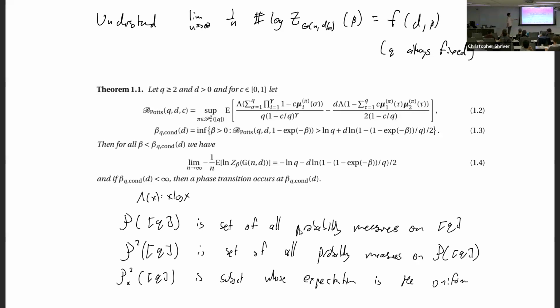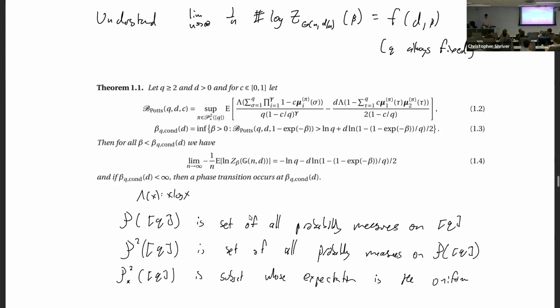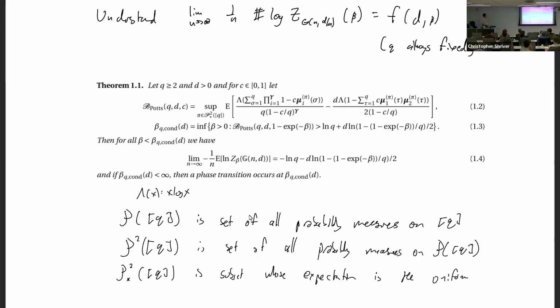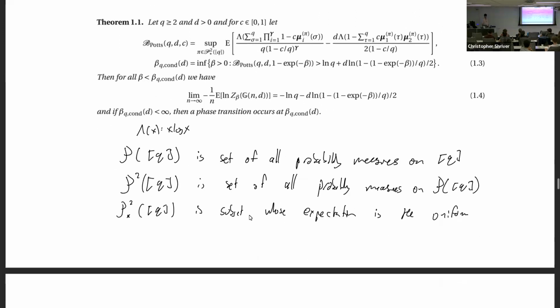The theorem says if you're below this condensation threshold, then the free energy is the annealed one, 1 over n log of the expectation of Z, and false otherwise. So that's the condensation threshold in the Potts model, but it's given by the solution to this kind of nasty optimization problem.